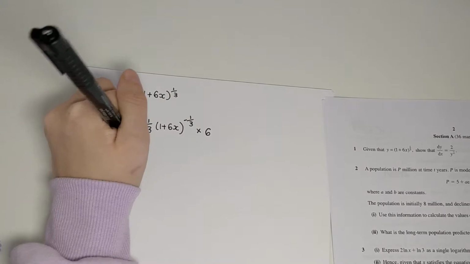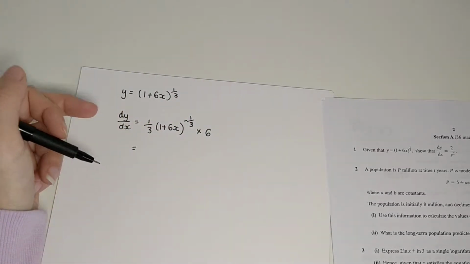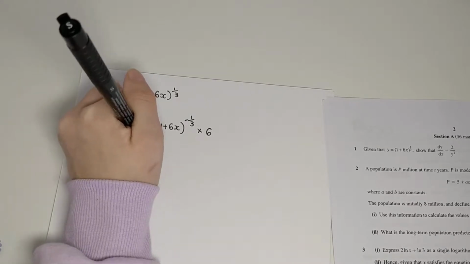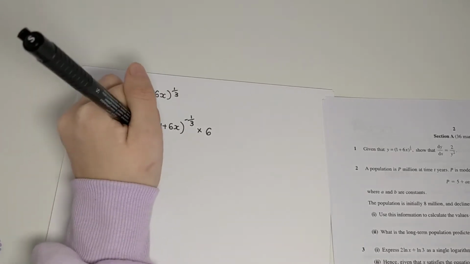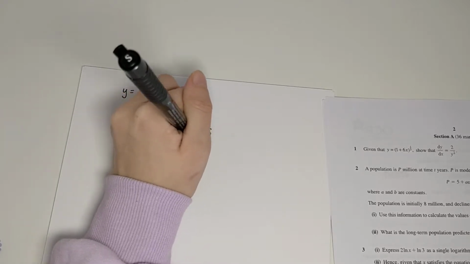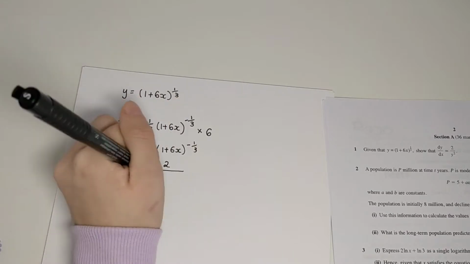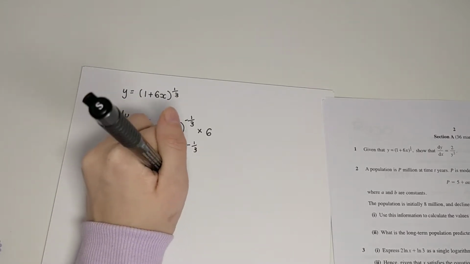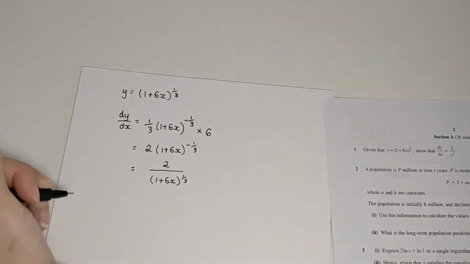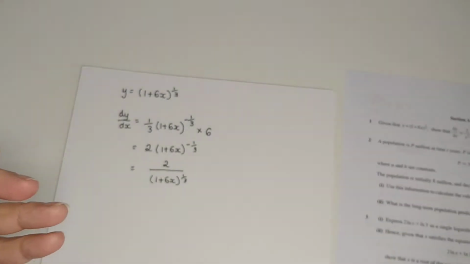Okay. A third times 6 is 2, so I've got 2 times (1 plus 6x) to the minus third, which I could write as 2 over (1 plus 6x) to the third. And the question specifically wanted me to notice that this is equal to 2 over y squared.